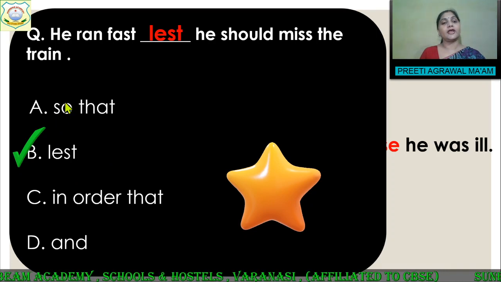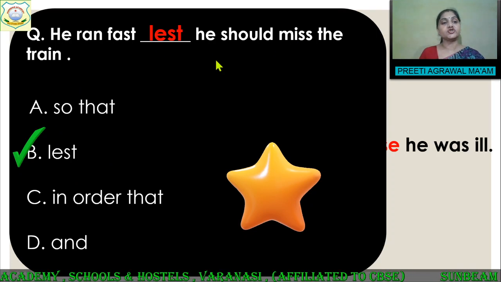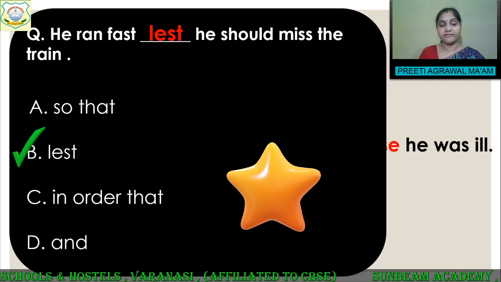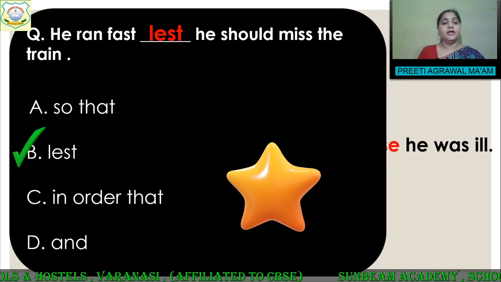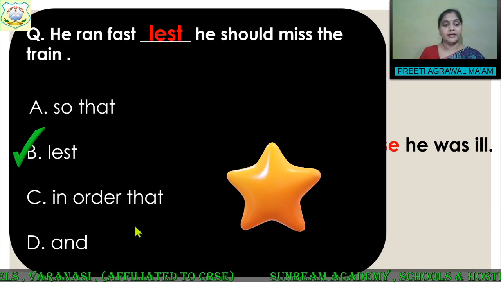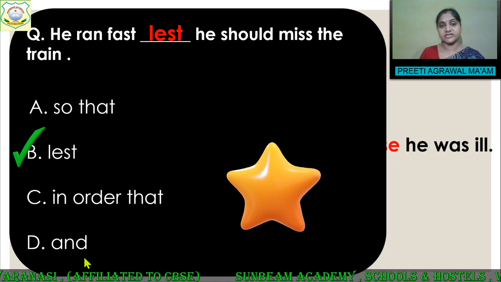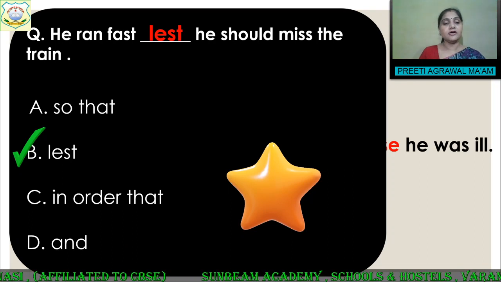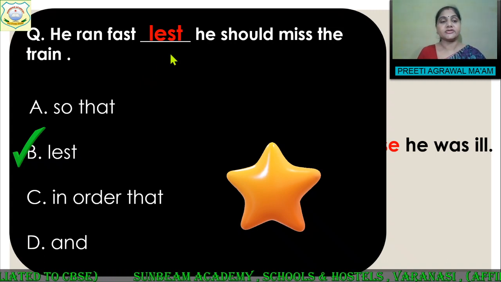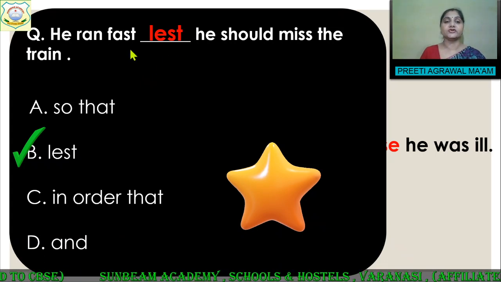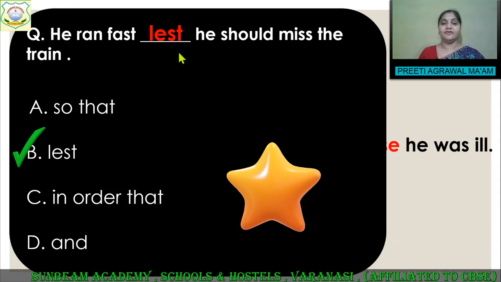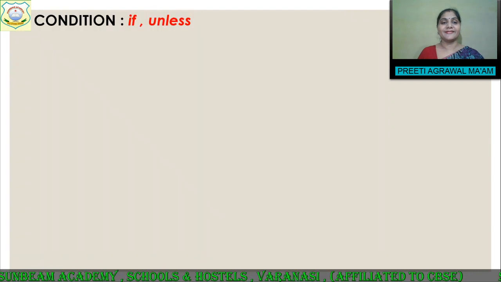If we write so that, he ran fast so that he should miss the train, will it be correct? No. He is not running fast so that he should miss the train. He ran fast in order that is also incorrect. He ran fast and he should miss the train is also incorrect. So this one is correct: he ran fast lest he should miss the train. So lest is your correct answer. If you have also written the same, it means you have got full marks.